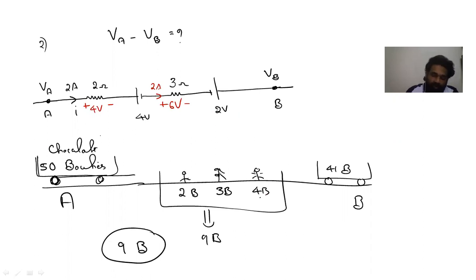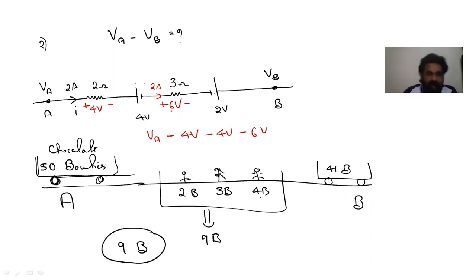So we will have to write the equation. VA, the potential at A, minus 4 volt. Now here it is plus to minus, so again minus 4 volt. Here plus to minus, minus 6 volt.